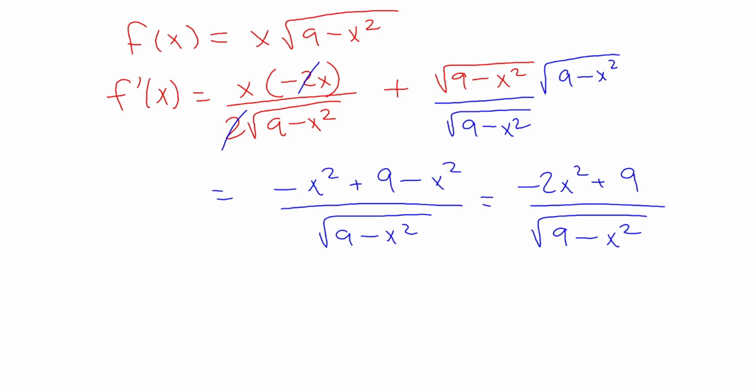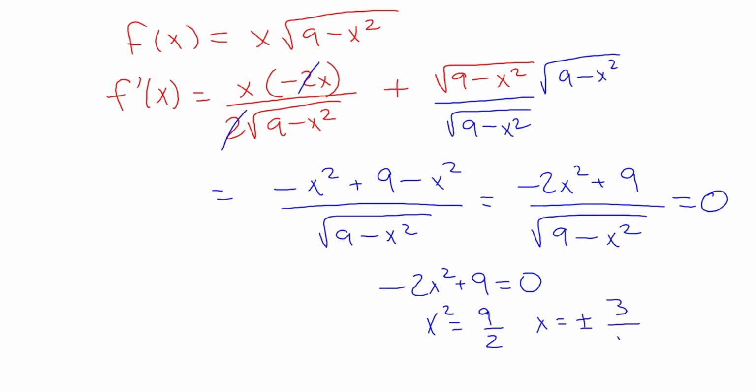So really, I'm just going to focus more on what makes this equal to 0, which would be when negative 2x squared plus 9 equals 0, or when x squared is equal to 9/2, which of course gives us x equals plus or minus 3 over root 2.